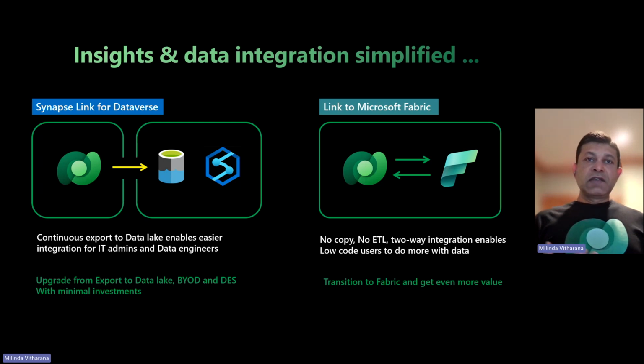So if you do want to continue the classic integration pattern of exporting data, your IT team can build data integration pipelines, and this option continues to exist. In fact, what you can do right now is very easily upgrade from your previous services into Synapse Link for Dataverse.